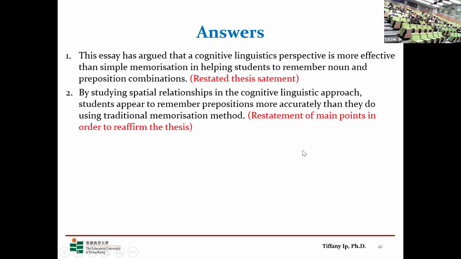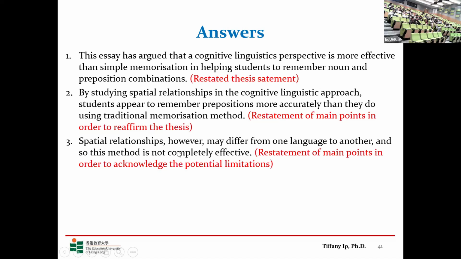After that, you would restate your main points. You want to talk about a cognitive linguistic approach. You support that, and of course you would mention how great this approach is. Then you still need to highlight that this method may not be completely effective, acknowledging the potential limitations.